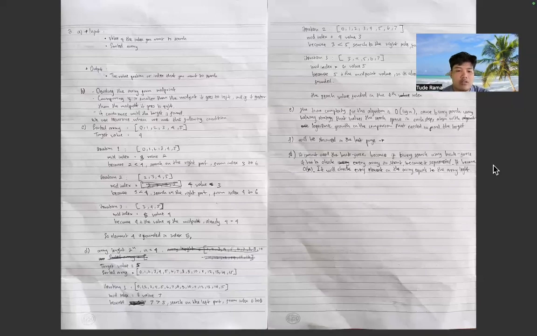In the last iteration, iteration 3, we have 3, 4, and 5. The mid index is index 5, the value is 4. Because 4 is already equal to the value we want, we can print that the found index is 5.